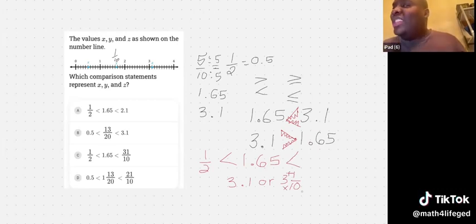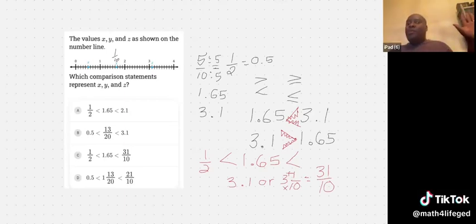And then we put it back over the same denominator. So 31 over 10. Boom. So we're going to have half, which is 0.5, 1.65, and then 31 over 10, or 3 and 1 over 10. That would be the same thing.